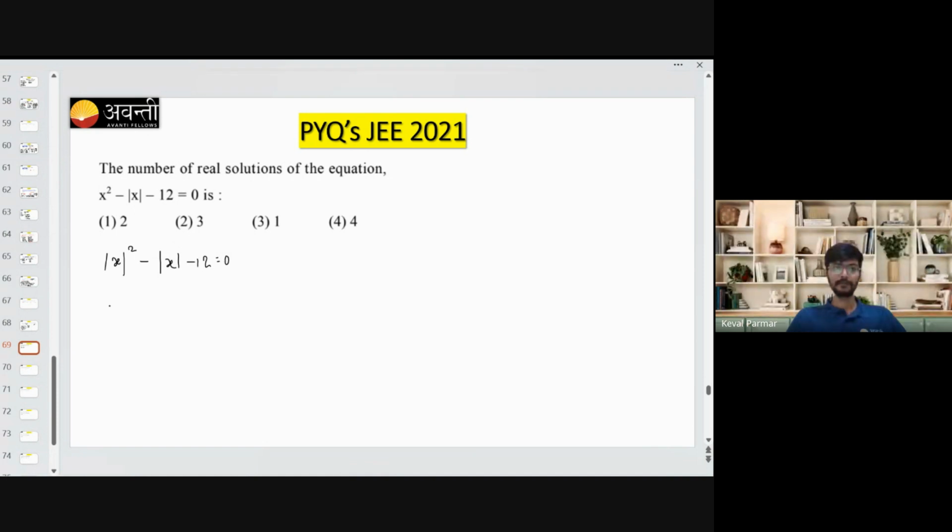Mod x minus 4 into mod x plus 3 are the factors equal to 0. So here we have mod x equals to 4 or mod x equals to minus 3. This is not possible because modulus of a real number cannot be negative. So that means x is plus or minus 4. Number of real solutions is 2. See guys, very simple.